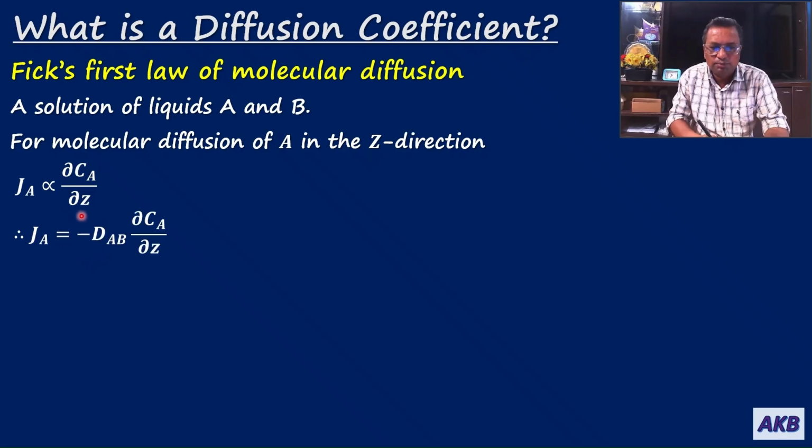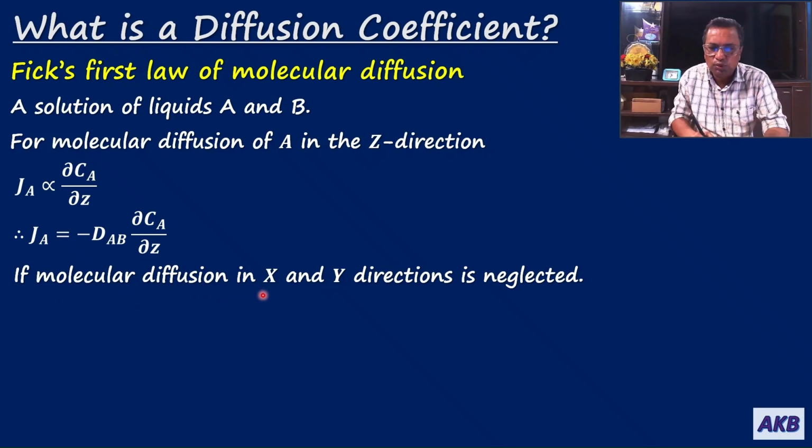Diffusion also occurs in the other two directions, X and Y direction. So if you remove the proportionality, the equation will be written like this. Ja is equal to minus DAB ∂Ca by ∂Z. And if you ignore diffusion in the other two directions, X and Y directions, then this partial derivative can be replaced with a total derivative.